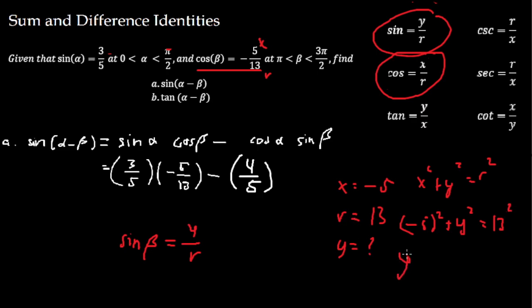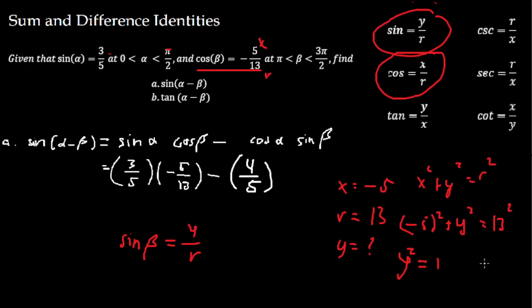Now, it's just manipulation of the formula. Y squared is equal to 13 squared minus 25, kasi 5 squared is 25, then itinranspose natin siya, so magiging minus 25.